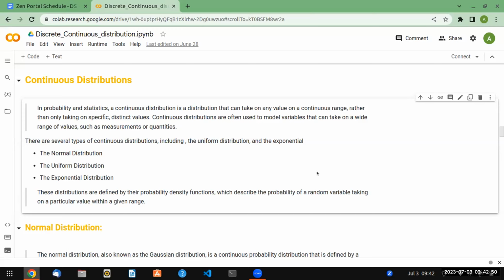Once you study them, then whenever you have any real life continuous data, you can try to correlate it with one of these three, because these are known distributions.